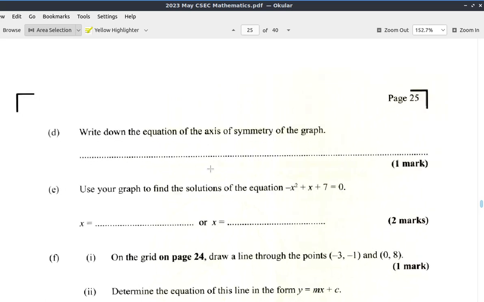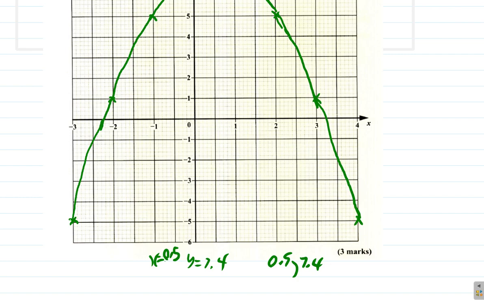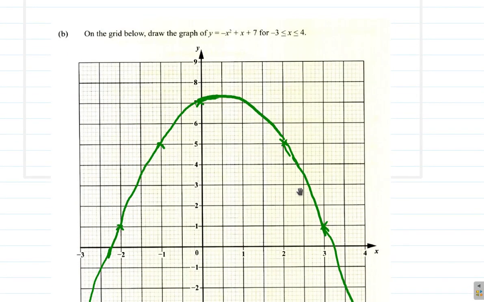Part D. Write down the equation of the axis of symmetry of the graph. Now, you have two ways of getting that. You could use the graph and try to estimate what the axis of symmetry is, or you could do it by calculation. Those are two ways that you could do it.